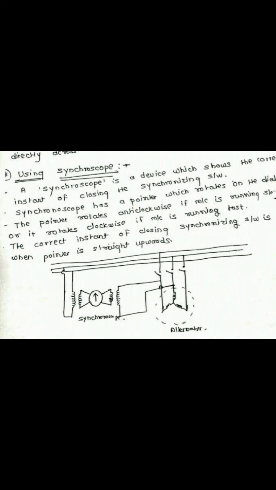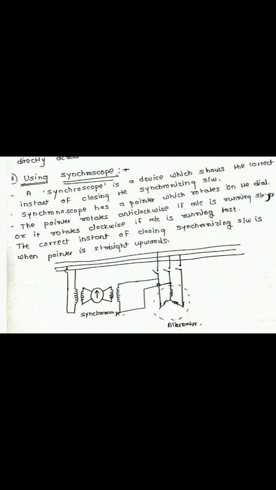The synchroscope has a pointer which rotates on the dial. The pointer rotates anti-clockwise if the machine is running slower, or it rotates clockwise if the machine is running fast. The correct instant of closing the synchronizing switch is when the pointer is a straight line upward.